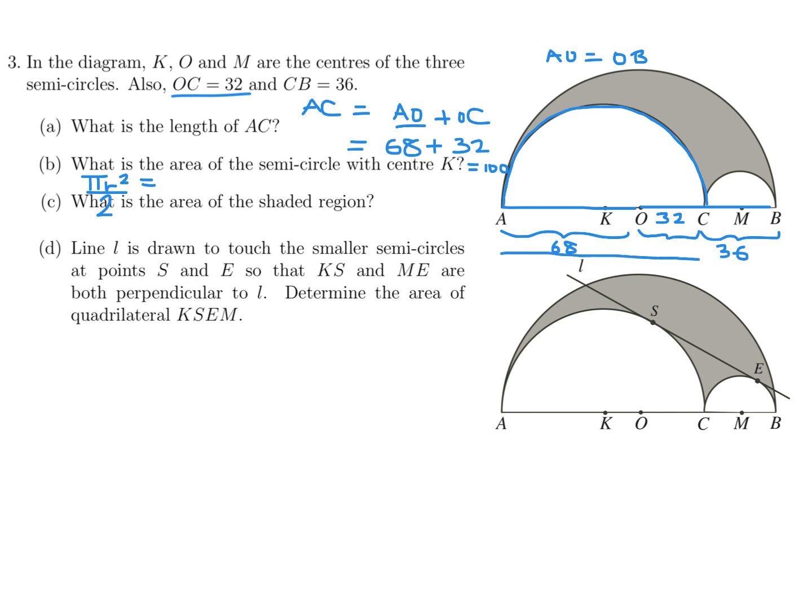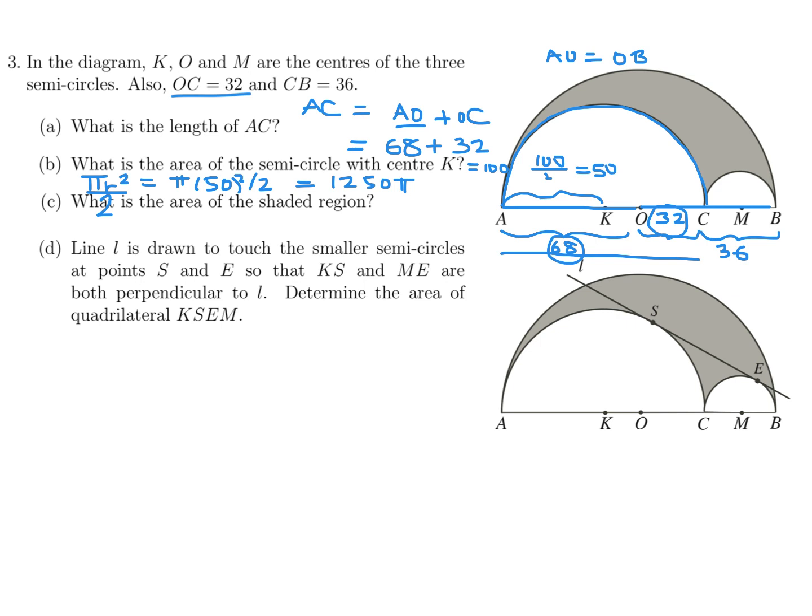So that's going to be 68 plus 32, which is, well, 100. We just figured that out. So that means the radius, which would be A to K, which would be half of 100, which is 50. So that's the radius. So there, this is going to be pi 50 squared all over 2. And therefore, 50 squared is what? 2,500? So if you take half of that, it'll be 1250. So 1250 pi. All right, great.